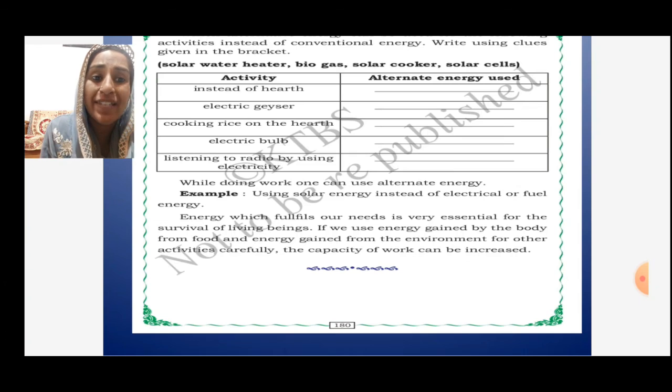Energy which fulfills our needs is very essential for the survival of living beings. If we use the energy gained by the body from food and the energy gained from the environment for other activities carefully, the capacity of work can be increased.